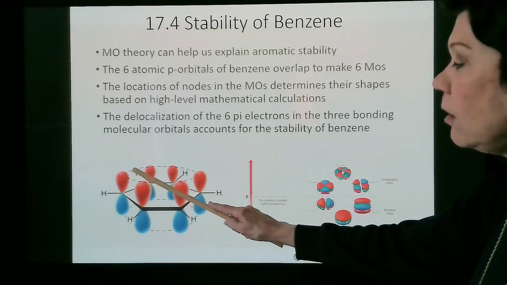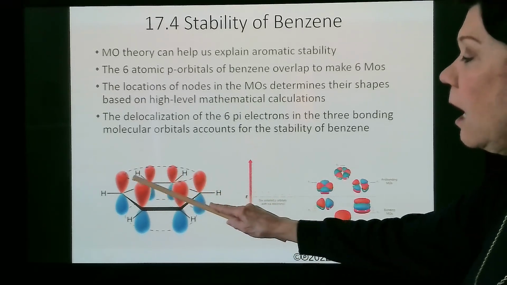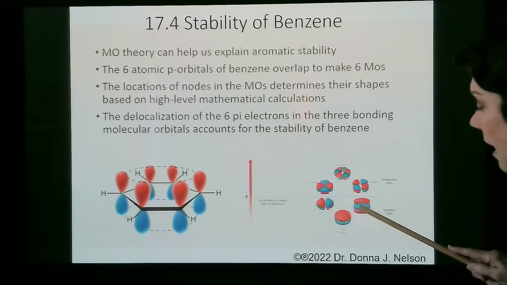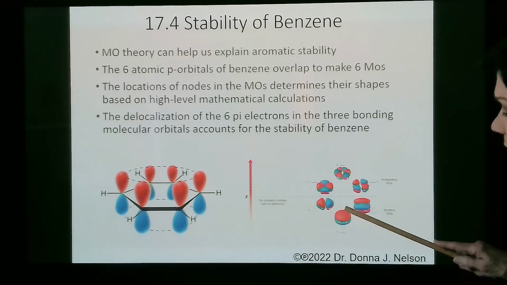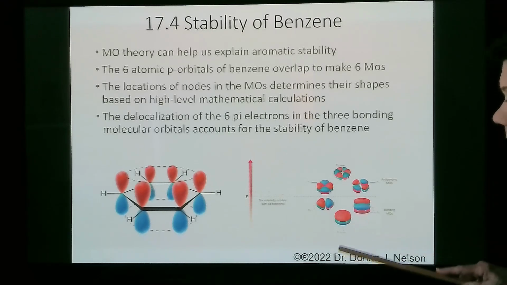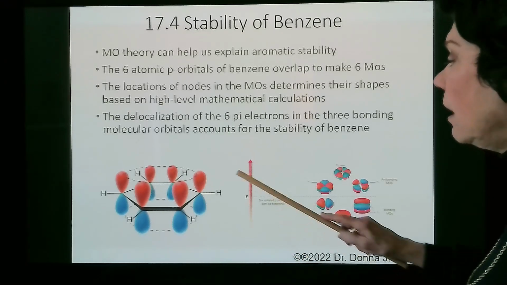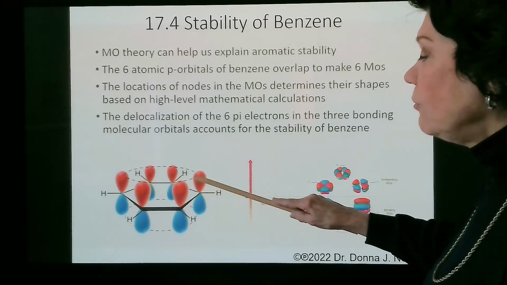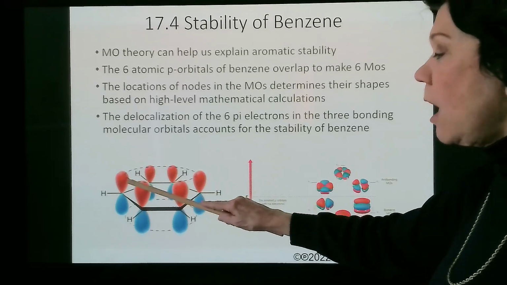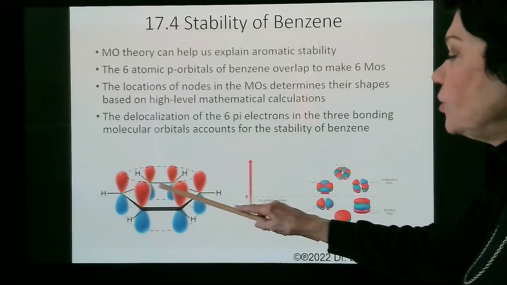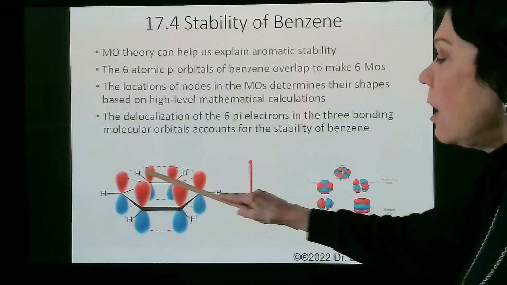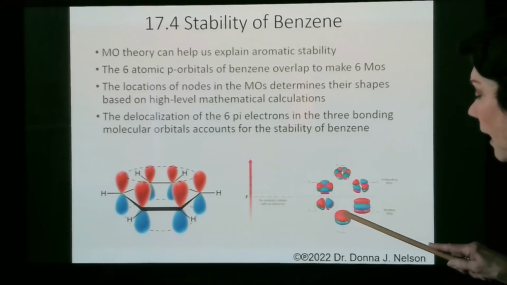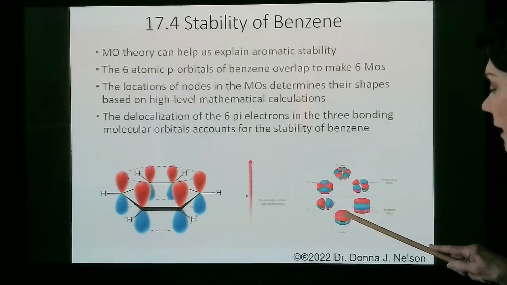Notice that all of the red lobes are on top and all of the blue lobes are on bottom. Just like here, the red is on top, the blue is on bottom, and so here you will have overlap between all of the red lobes, all of the top lobes. Electron density will circulate through those, and when they do circulate, this is the molecular orbital that is formed.